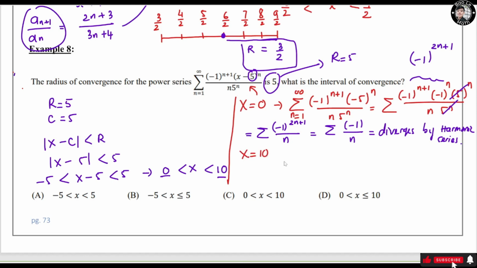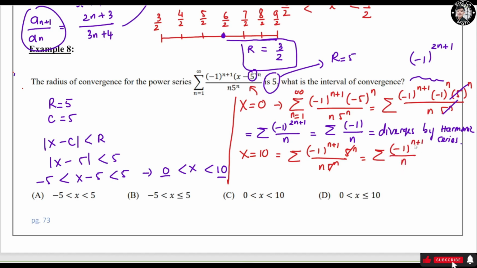Now we're going to check the endpoint s equals 10. Substitute 10 for s over here. So we have the series negative 1 raised to the n plus 1 times 10 minus 5, which is 5, raised to the n over n times 5 raised to the n. This guy is gone, right? So you're going to end up with the series negative 1 raised to the n plus 1 over n, right?